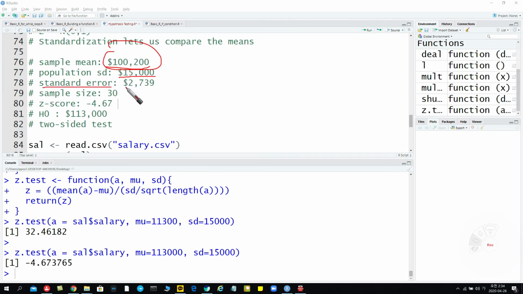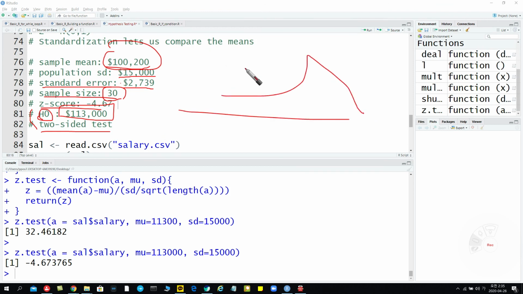The standard error is $2,739. The Z-score is 4.67, assuming the null hypothesis mean is $113,000. It is a two-sided test. This is the normal distribution, and these are the two rejection regions.